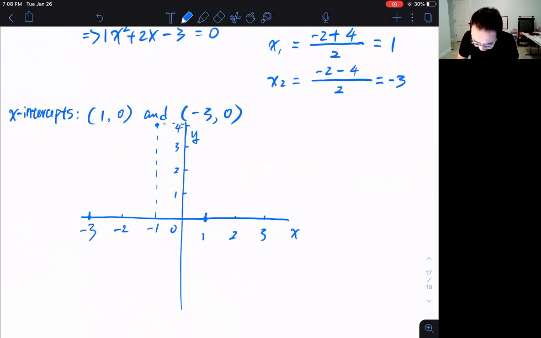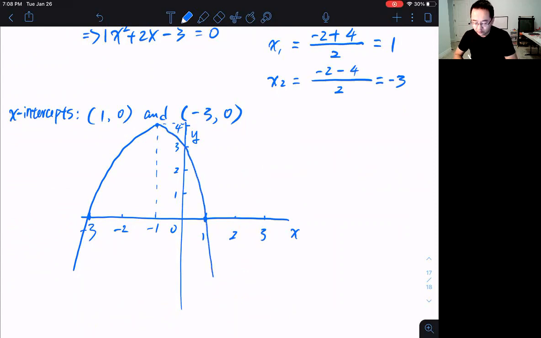So this graph looks something like this, okay? And specifically, this should go like this. Because if you do your y-intercept, you'll see that 0 and 3 is your y-intercept, so you've got to make sure it goes through that point. But this is what this graph looks like.